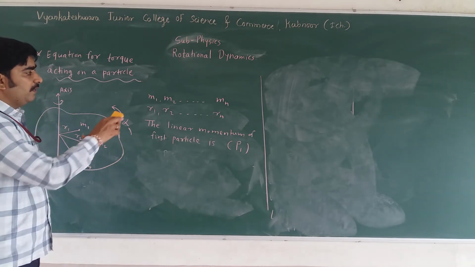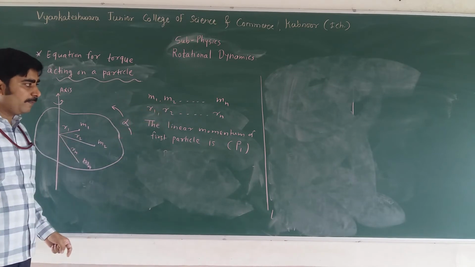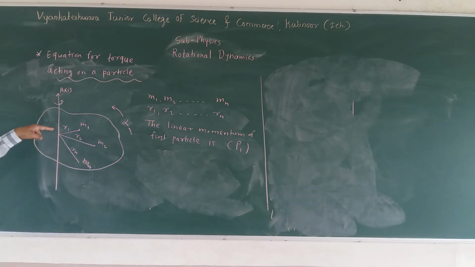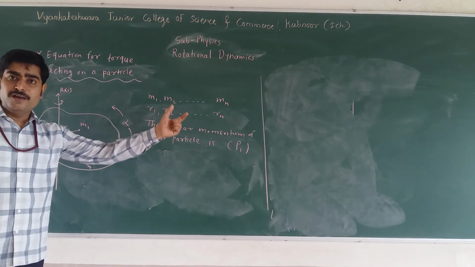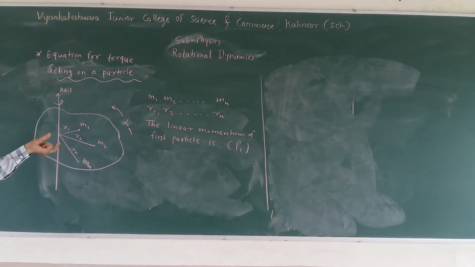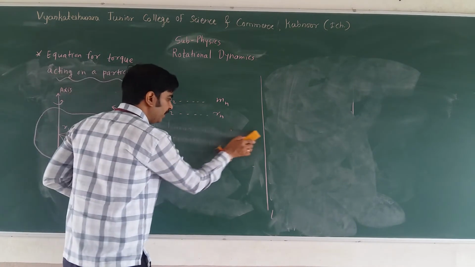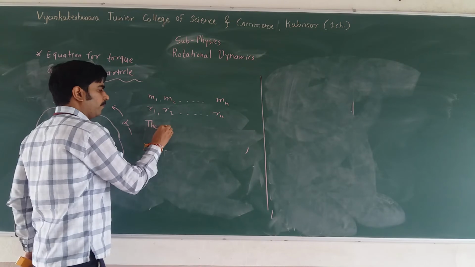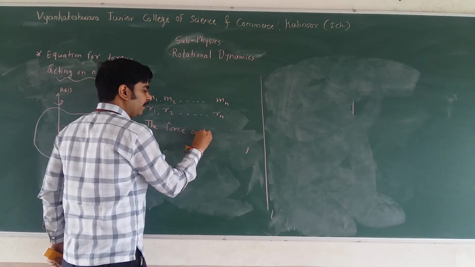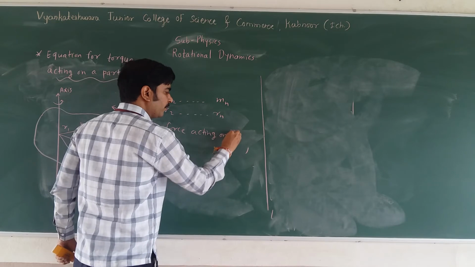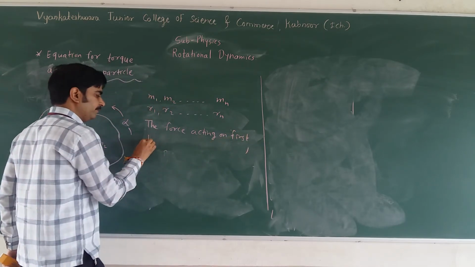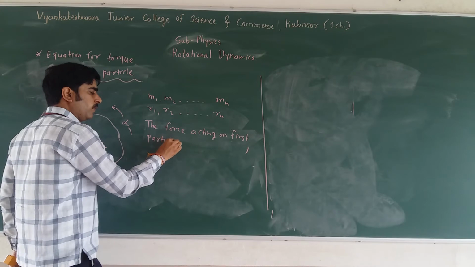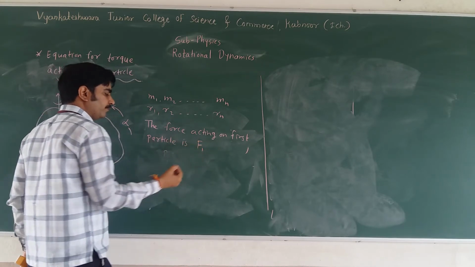We just consider m1, m2, up to mn, n number of particles placed at distances r1, r2, up to rn from the axis of rotation, and all these particles are rotating with constant angular acceleration alpha. Now we have to write that the force acting on the first particle is F1.